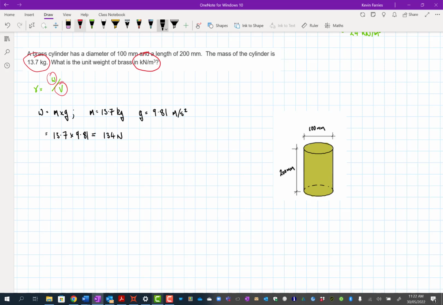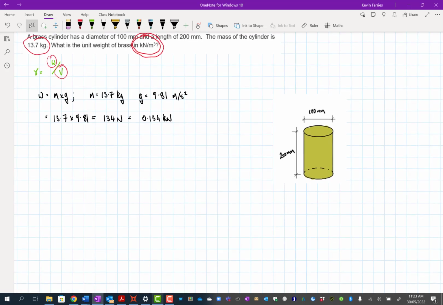Now I'm thinking ahead again. In the final answer, we want kilonewtons per meter cubed. At the moment we've got newtons, so just to keep things simple later, I'm going to convert that to kilonewtons now. There's 1,000 newtons in a kilonewton, so 134 newtons must be 0.134 kilonewtons. I'm doing that because I know my answer needs to be in kilonewtons per meter cubed.